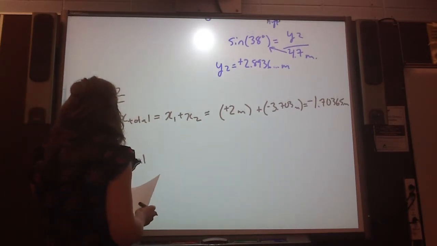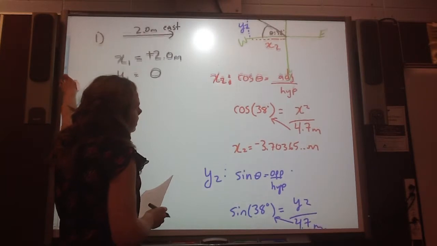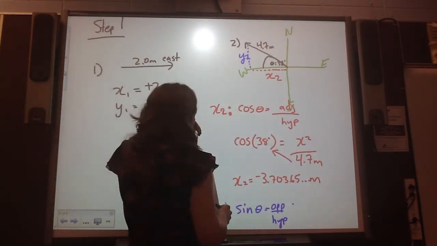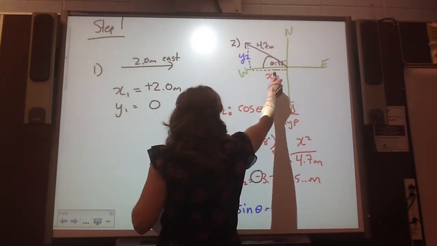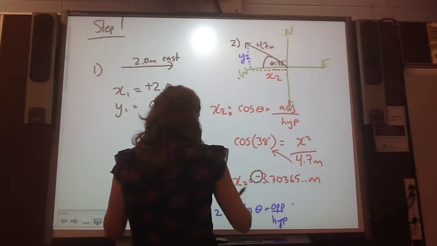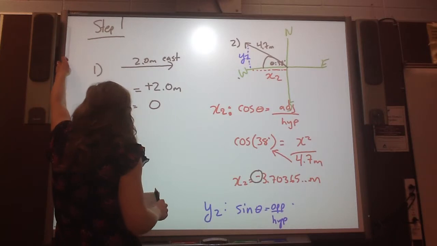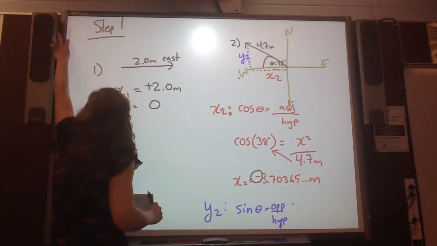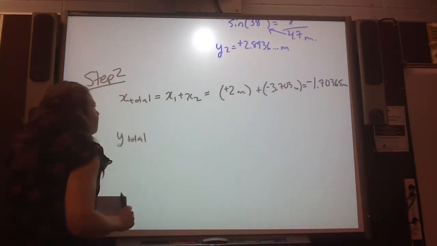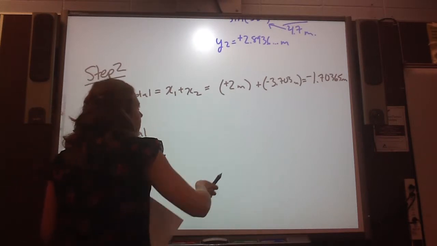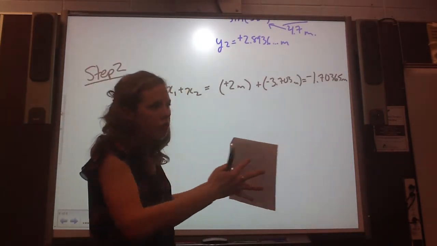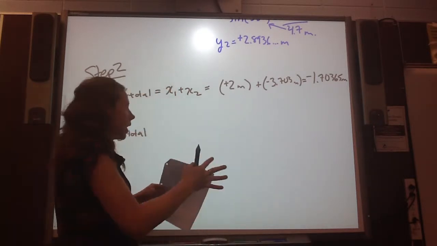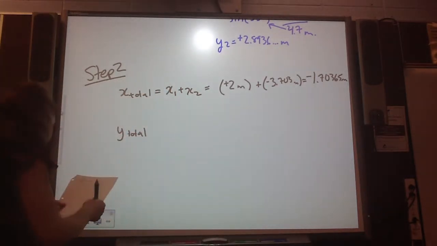Oh, and we know that this needs to be negative also because it's going in a west direction, and we know that that direction is negative. So just in case anyone was wondering. Which makes sense that our overall x component is negative because our overall direction was a west direction. So our x should be negative because that's west.